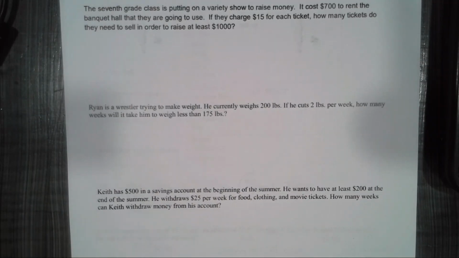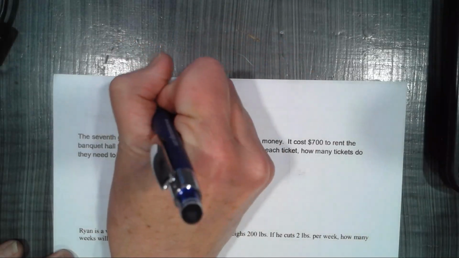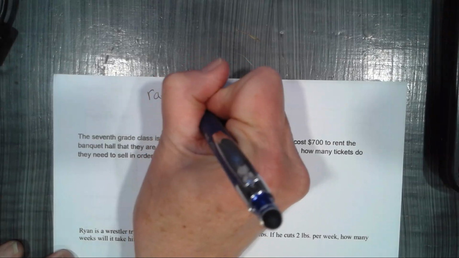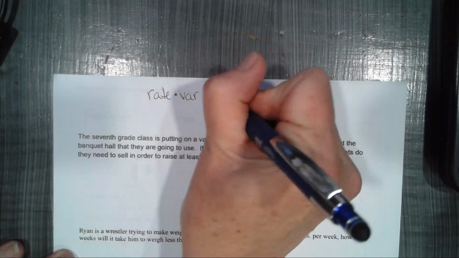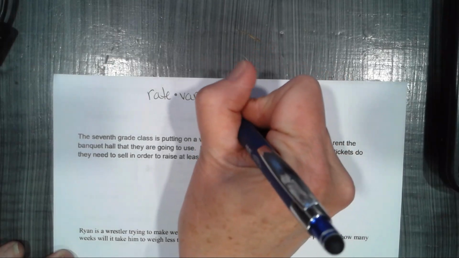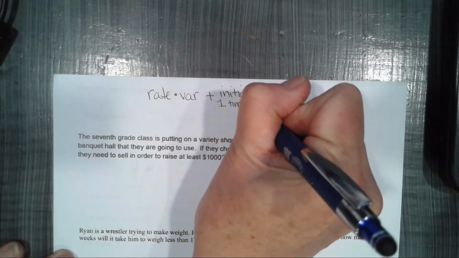So first of all, on this side of your paper, go ahead and write your equation form. Remember, we've got a rate multiplied times your variable. We're going to add our initial amount or our one-time fee or our one-time amount.